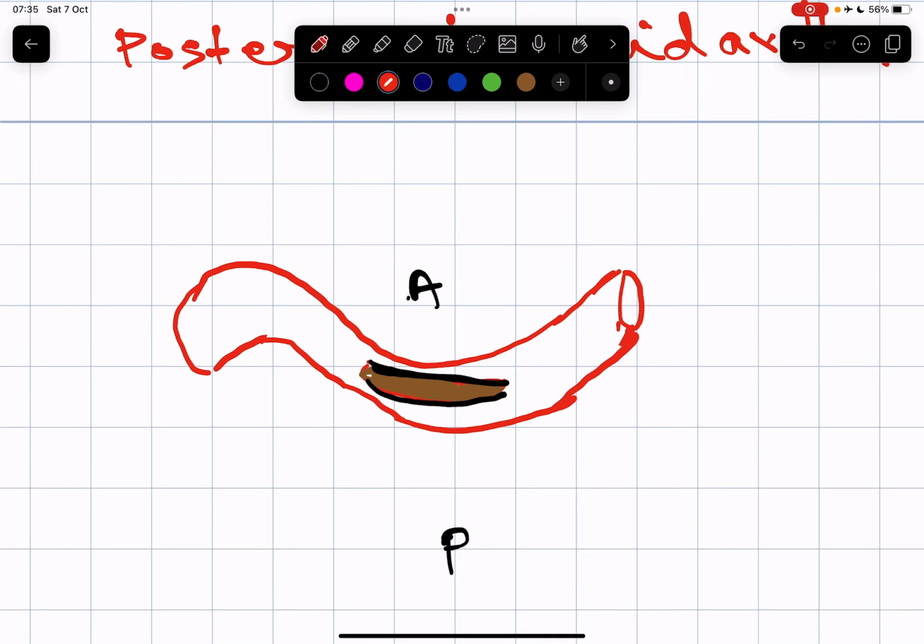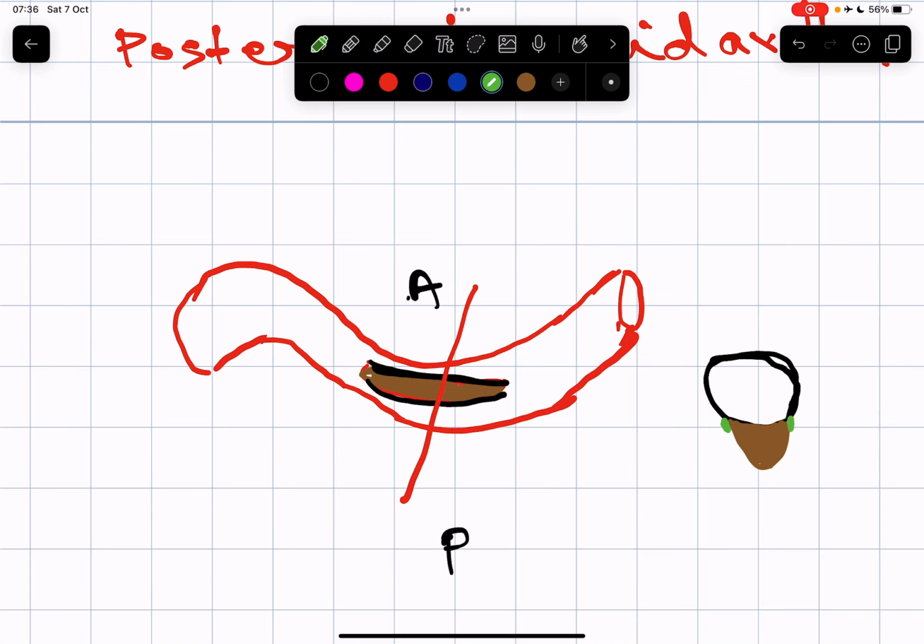Now if I take a section at this level, I will see the clavicle here, and then I will see the subclavius muscle that is inserted to the subclavian groove, and the two lips of the subclavian groove, anterior and posterior.